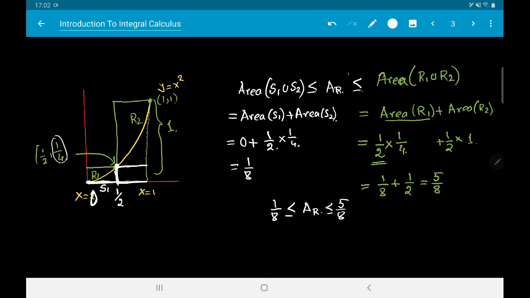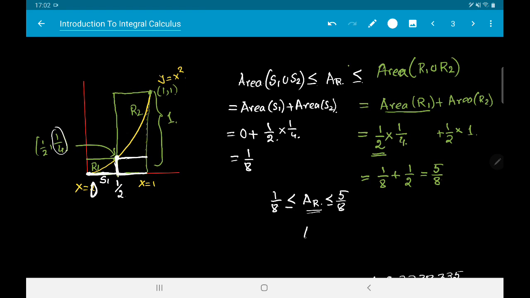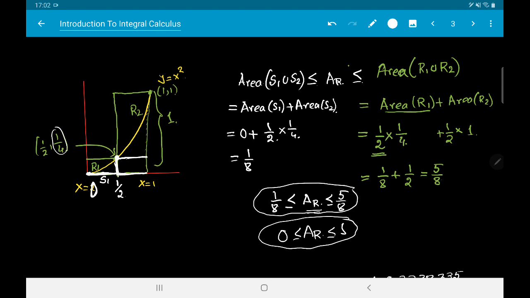Note that here I have used two partitions, and this gave me a somewhat better approximation of the area of R than what we previously had, where we only used one partition, so to speak. So you can see that this estimation is far better than our initial estimation.